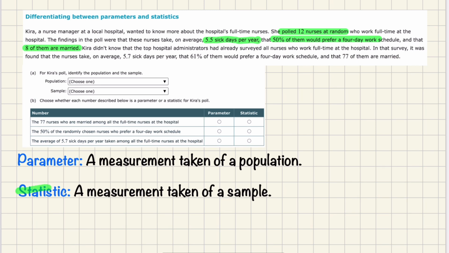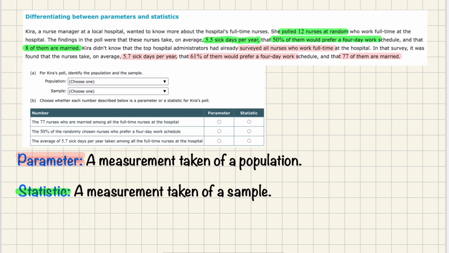These would be statistics, because they are measurements taken from that sample, whereas when the hospital surveyed all of the nurses who work full-time, their measurements were 5.7 sick days, 61% preferring a 4-day work schedule, and 77 were married. And since the hospital administrators had access to all of the full-time nurses, these are parameters.